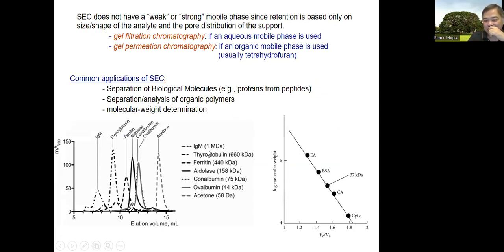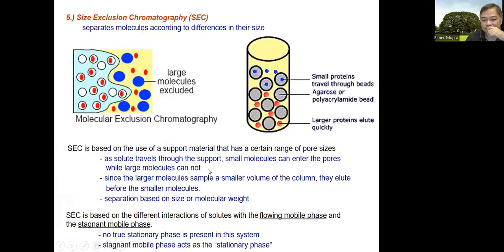So if you have here the different molecular weights, when you do the separation, you separate them based on the size or molecular weight.